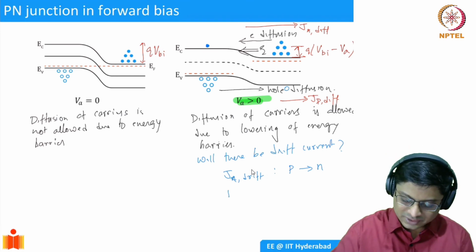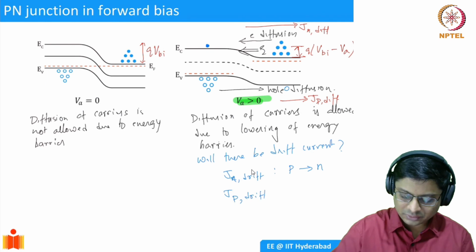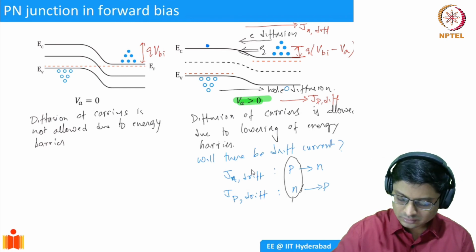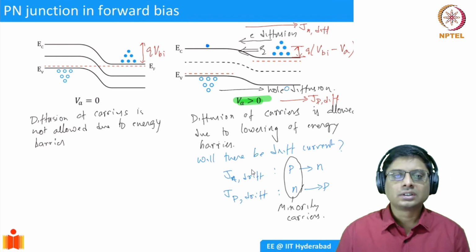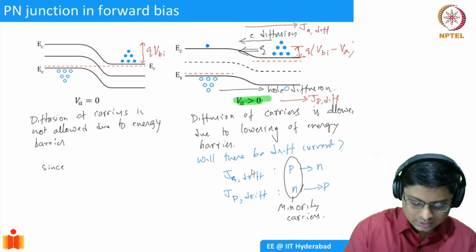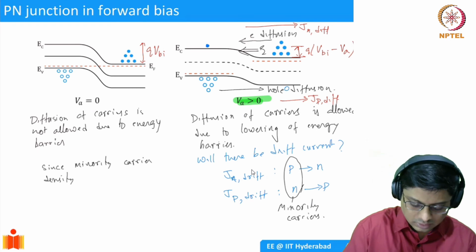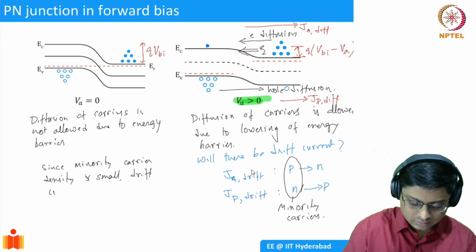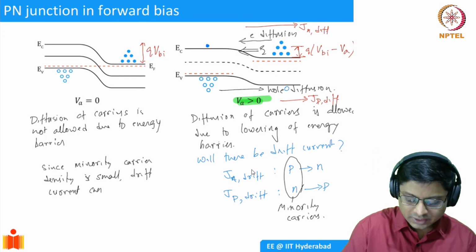So similarly, you can have JP drift, which is the drift of holes, which will happen from N to P, okay? So this is essentially minority carriers. Since minority carrier density is small, drift current can be neglected in forward bias.